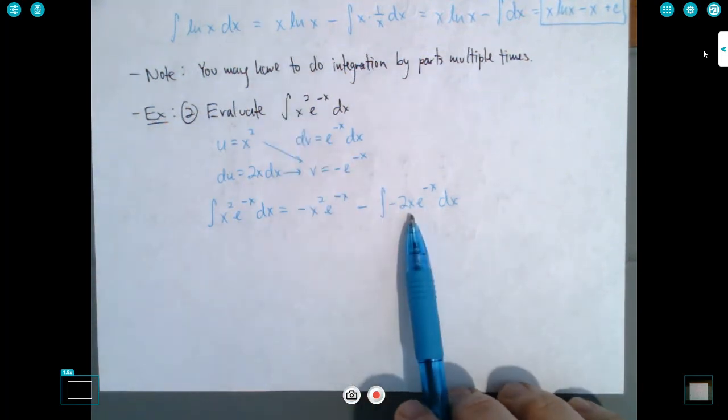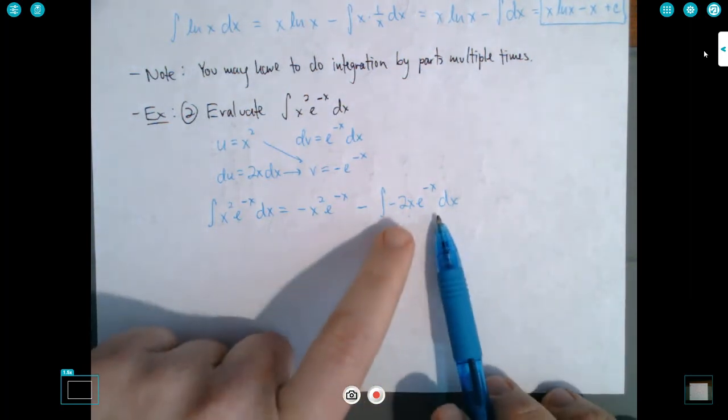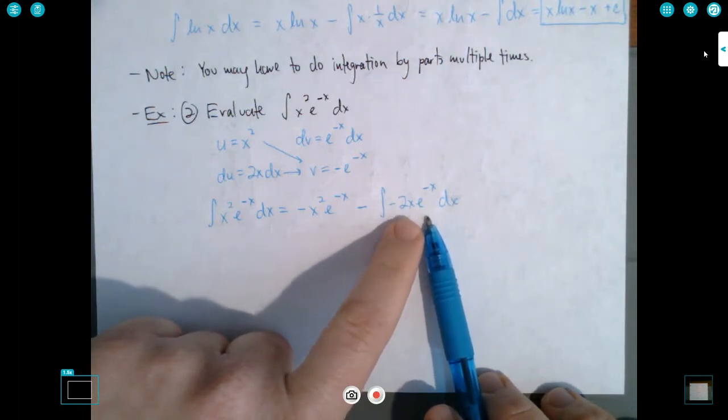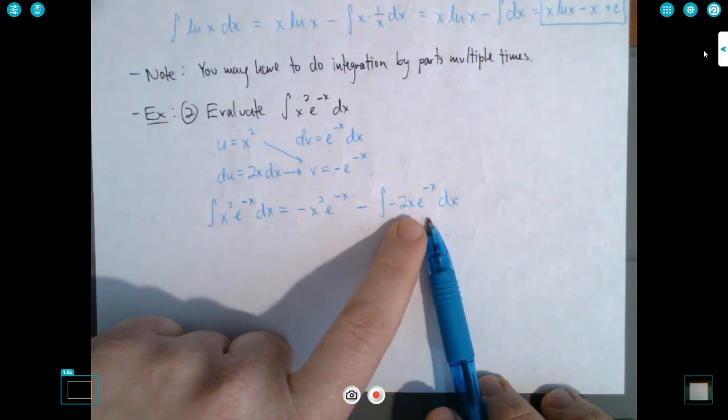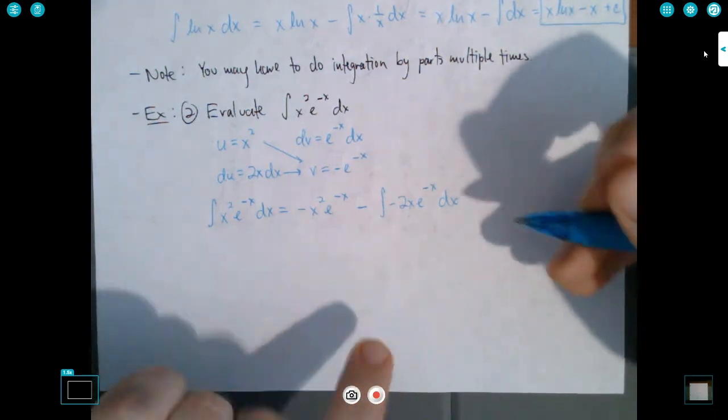But that's maybe not a good sign, but it's at least a neutral sign. It's like we obviously haven't gone wrong yet. And if I just focus on this thing by itself, I know that I can solve it by integration by parts. So I should just do integration by parts again. First, let me fix up the signs.